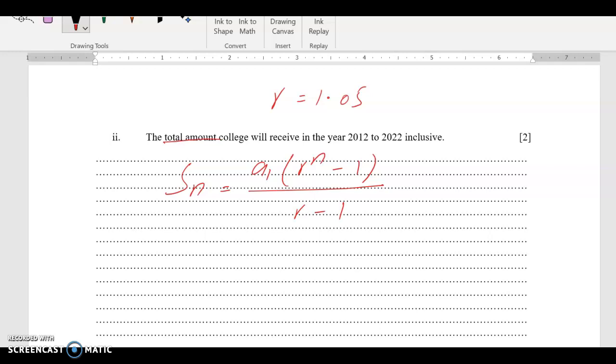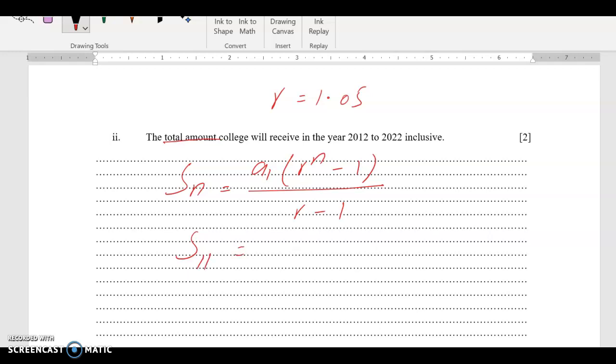Then, how many years are there? Because it says 2022 inclusive, there must be 11 years.